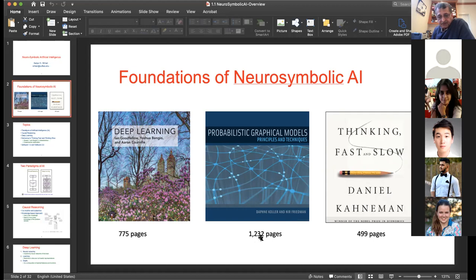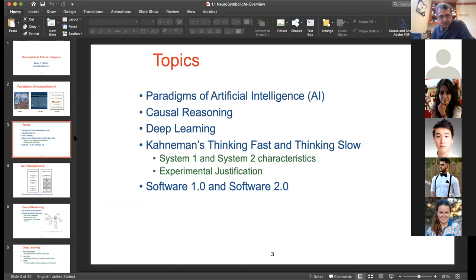So that is a very, very substantial, deep book on probabilistic graphical models, principles, and techniques. And this one is on the underlying principle of system one and system two. Again, a 500-page book.